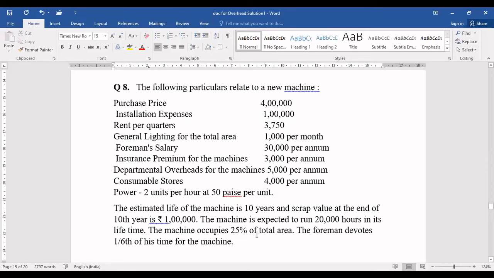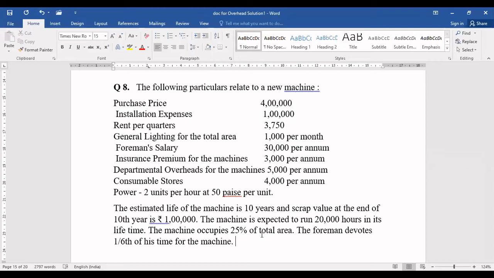Question number 8. The following particulars relate to a new machine. Purchase price 4 lakh, installation expenses 1 lakh, rent per quarter 3750, general lighting for total area 1000 per month, foreman salaries 30,000 per annum, insurance premium for the machines 3000 per annum, departmental overheads for the machine 5000 per annum, consumable stores 4000 per annum, power 2 units per hour at 50 paise per unit.